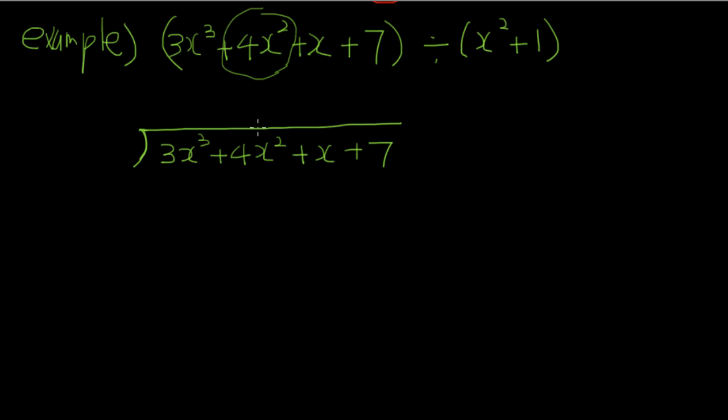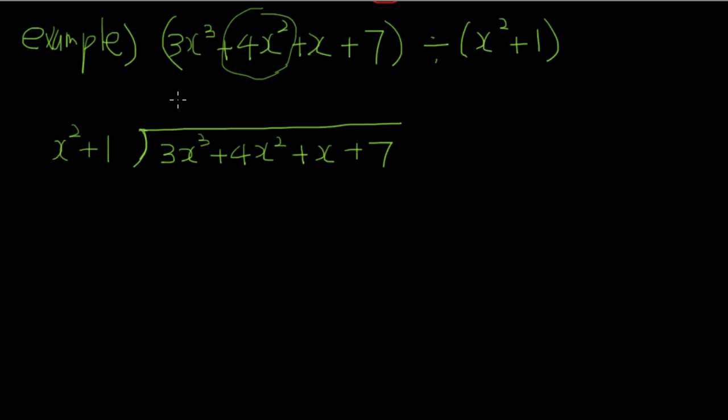If we didn't have that in the original question, we should still leave some room here. Leave some empty room between x cubed and x to the first power. You can put 0, or you can just leave it as an empty space. That will be divided by x squared plus 1.